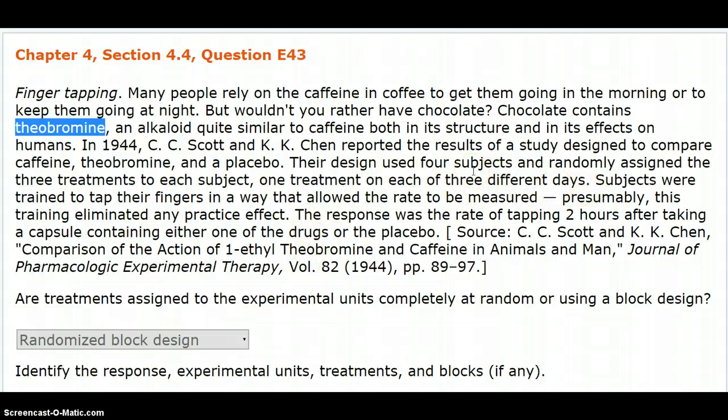And why are we doing something like this? Again, the point of doing one of these studies is to reduce variability. So variability, as we'll get into a little more later in the course, is going to make our results less predictable.